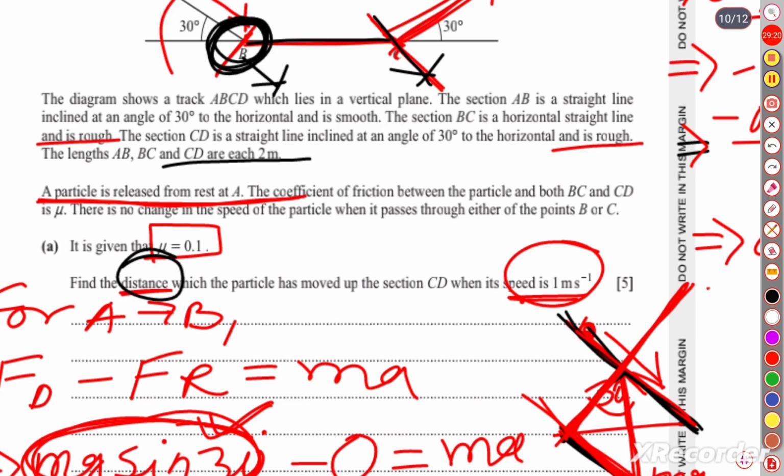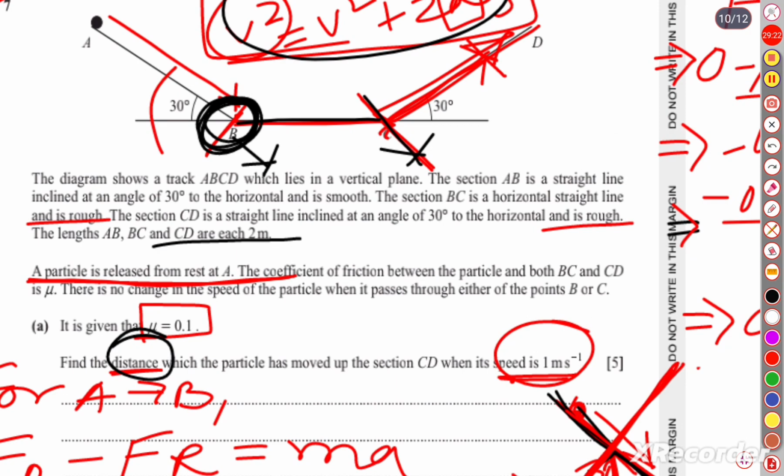So final velocity at this point is given as 1 meter per second, and we will have to find the distance between C and this point. In the final case we are given the final velocity as well as initial velocity. We have already found the initial velocity, and we know the acceleration at that point also. So let us write the last part of the solution.